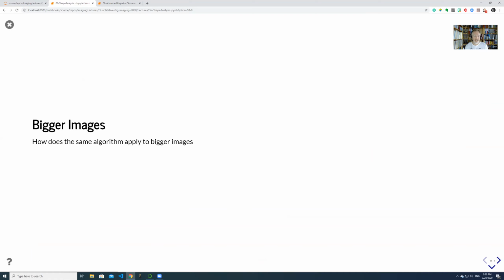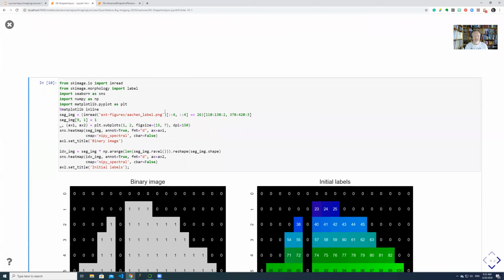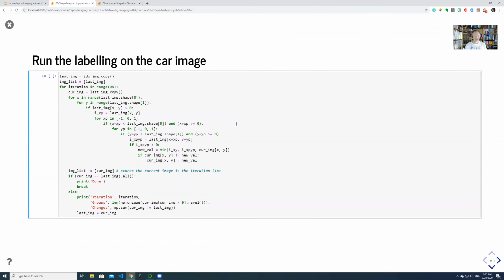Because that is just a little test example. Let's take one of the cars in this labeled car image. So we get this image where we have the binaries, lots of ones, and then we've put the initial labels. So it's actually, again, the pixel index of each point, and it's running through here. And let's see what comes out when we start doing the labeling on this one, again with an animation.